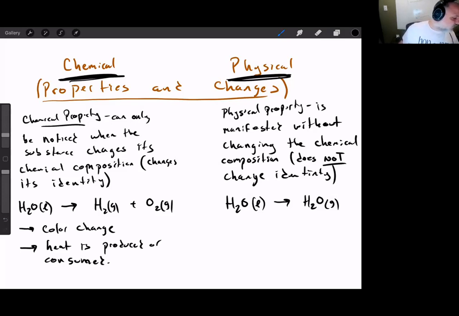Heat is produced or consumed. So let's think about this real quick. Your tongue and taste is not an appropriate tool to investigate chemicals.